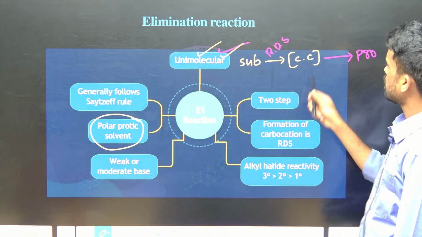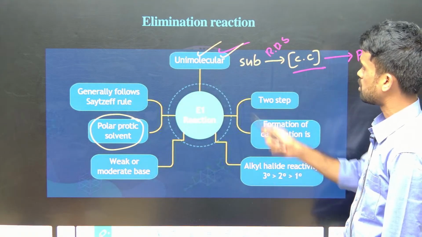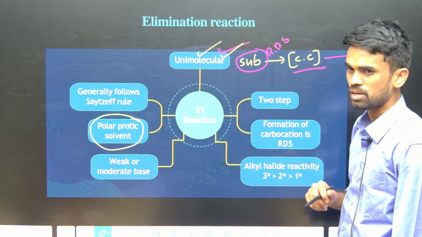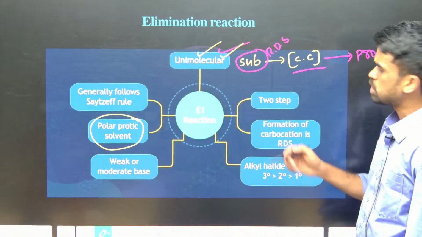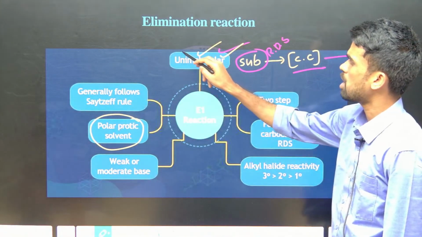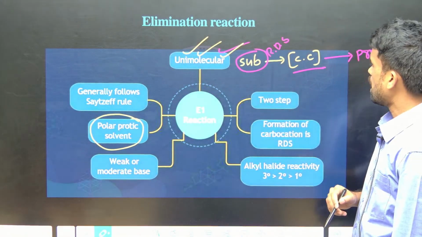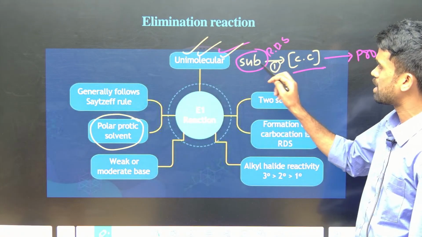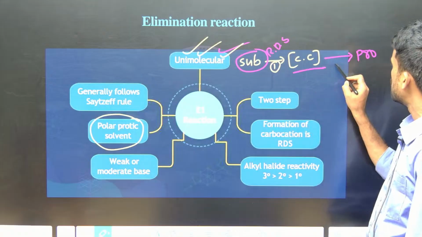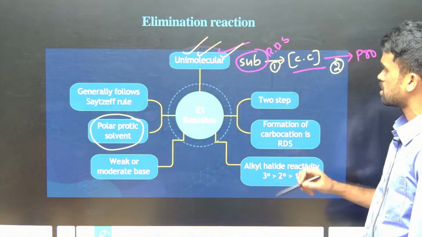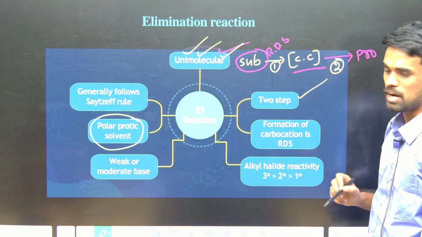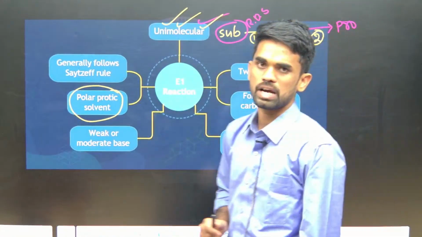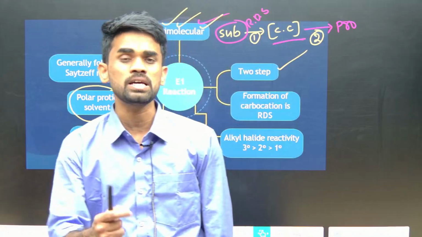In the carbocation intermediate formation, how many molecules are involved? Only the substrate is involved, not the base. That's why we say it is a unimolecular reaction. Carbocation formation is one step and product formation is a second step, so it's a two-step reaction. In both E1 and E2 elimination reactions, alkenes will be formed as a product.